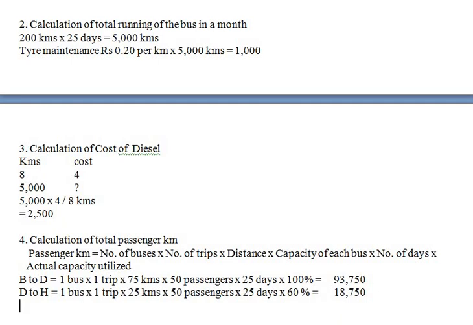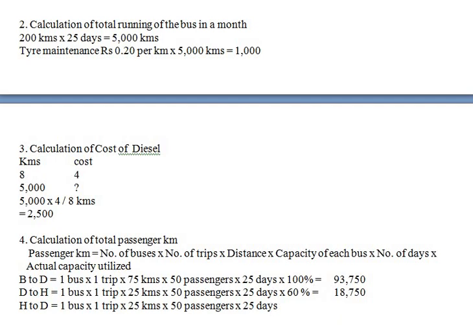Now the bus has reached Hubli. Again from Hubli to Dharwad, H to D, which is equal to one bus into one trip into 25 kilometers into 50 passengers into 25 days.